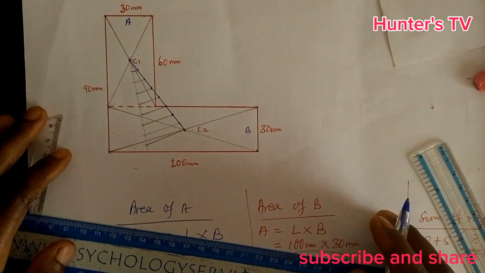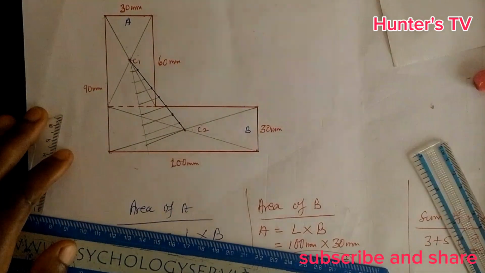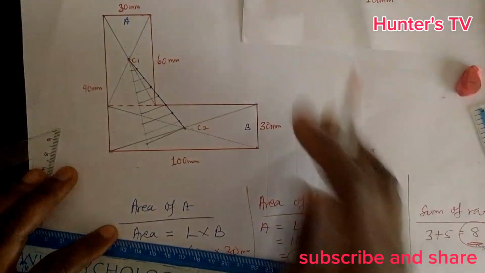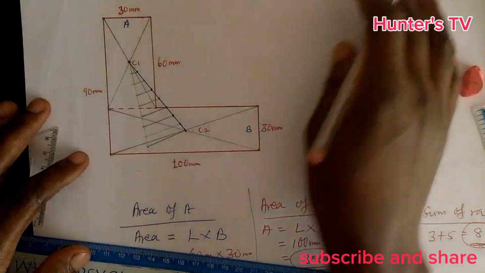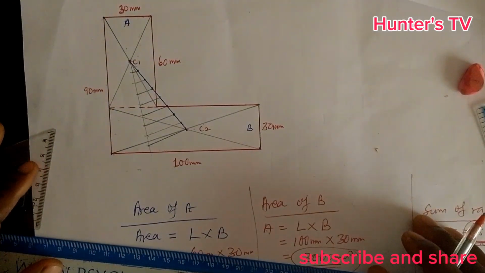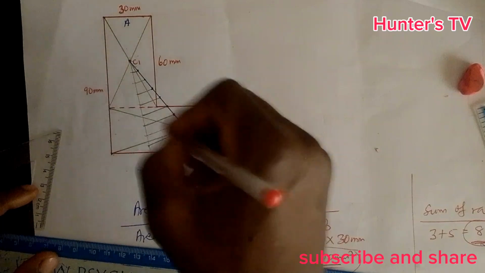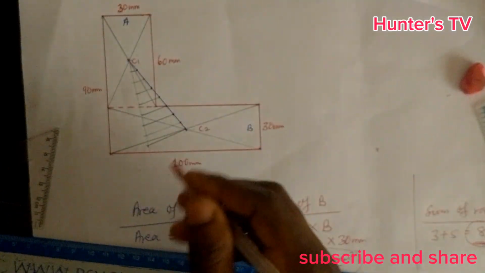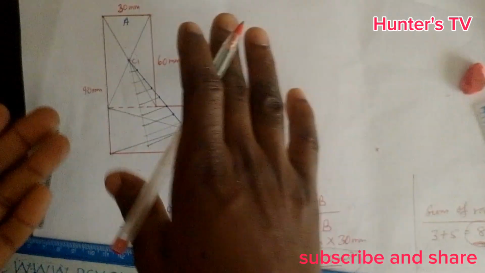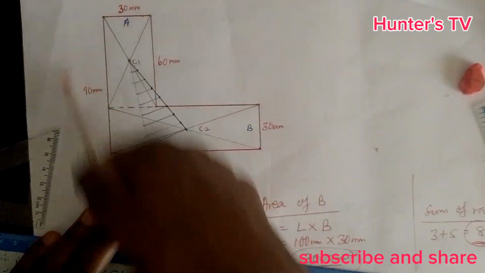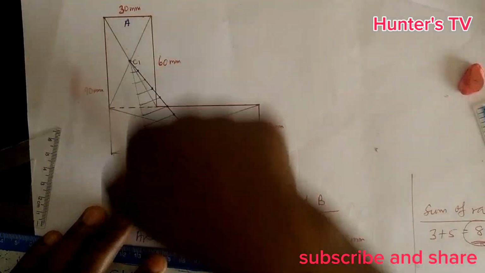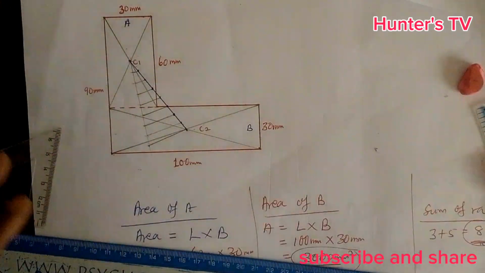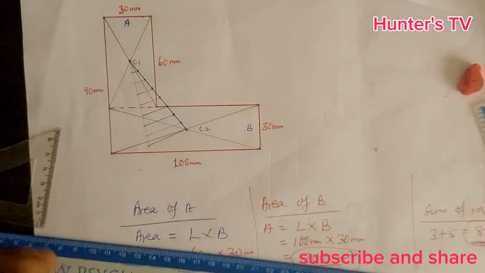Final step. After getting this, you are going to locate. The question says determine. You're going to determine your center of gravity, or the centroid. Now, what is the centroid? It is the point which, after placing this L shape on it, will keep the shape balanced, or in a state of equilibrium.